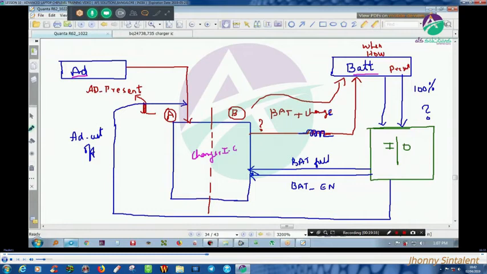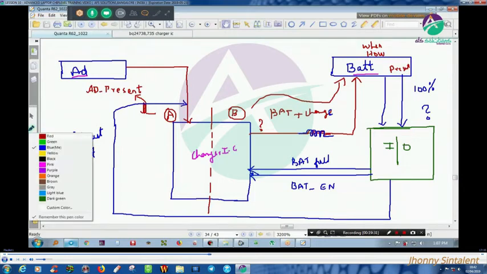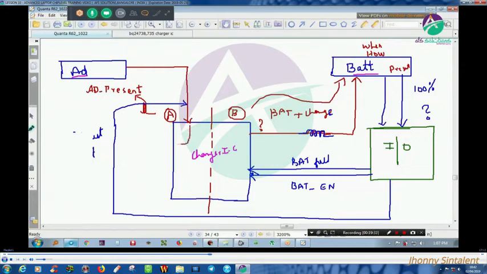So maybe it is 10%, 20%, 30% battery is charging, and there should be a confirmation telling that battery is present. Now you can charge the battery. So when adapter is present, this information also should go to the IO controller, that adapter present.